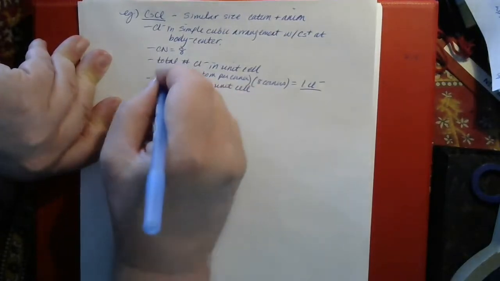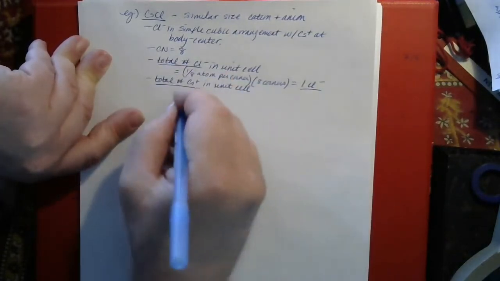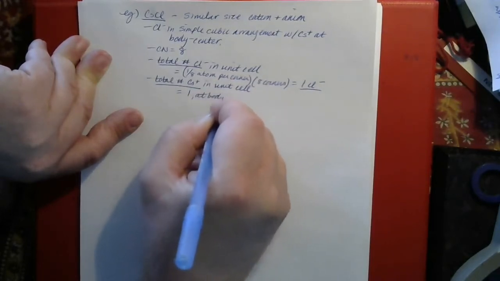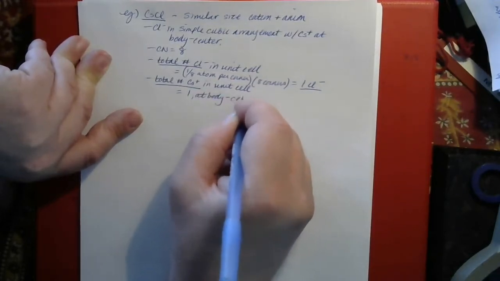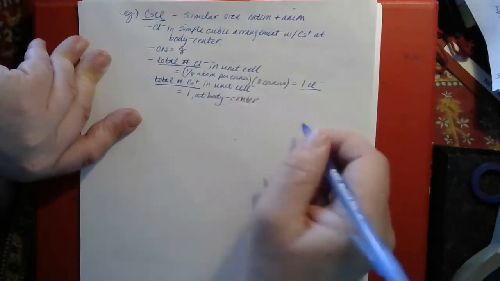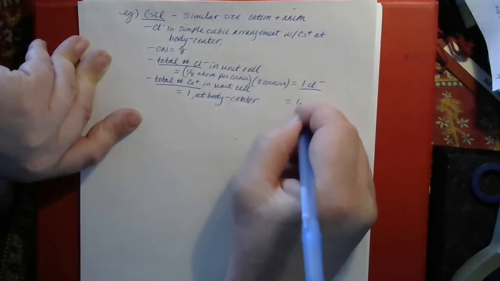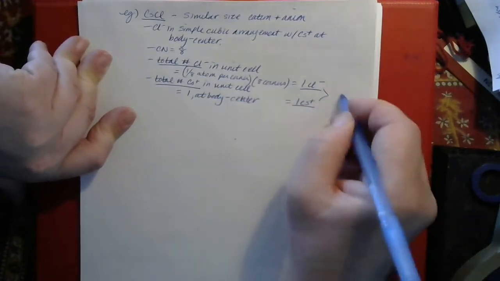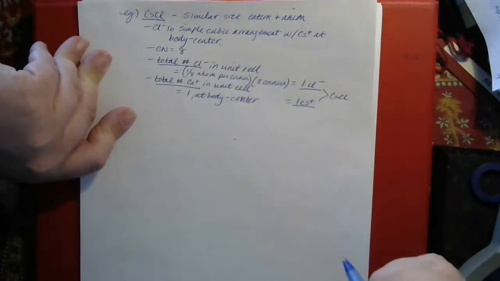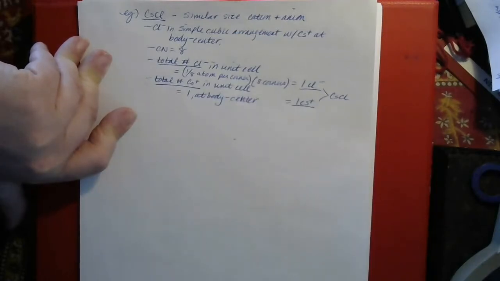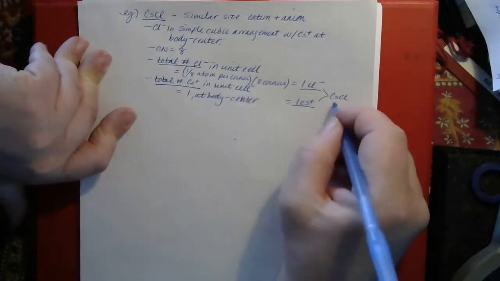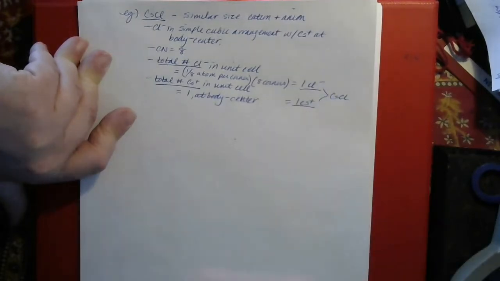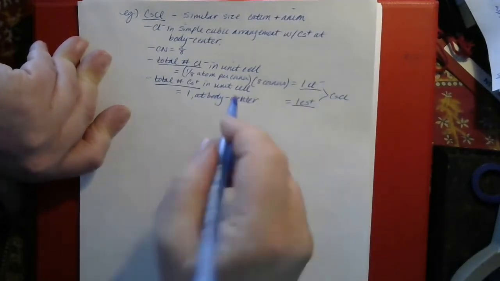And if you look at the total number of cesium ions in the unit cell, there's 1 at the body center. That 1 atom is entirely within the unit cell, and that's 1 cesium ion. And so that's a 1-to-1 ratio, which it should be because it's CsCl, and it's also charge neutral, 1 positive and 1 negative, all together within each unit cell.